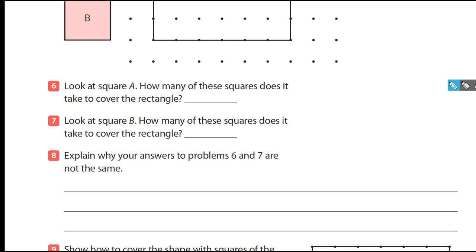Look at square A. How many of these squares does it take to cover the rectangle? 12 squares. Now B, how many squares does it take to cover that rectangle? Well, I heard 4. So either 3 or 4. You tell me. 3.